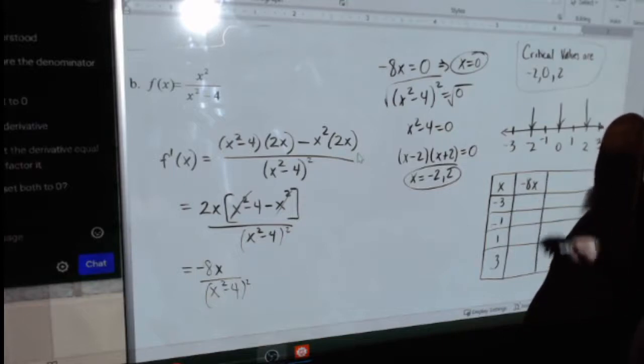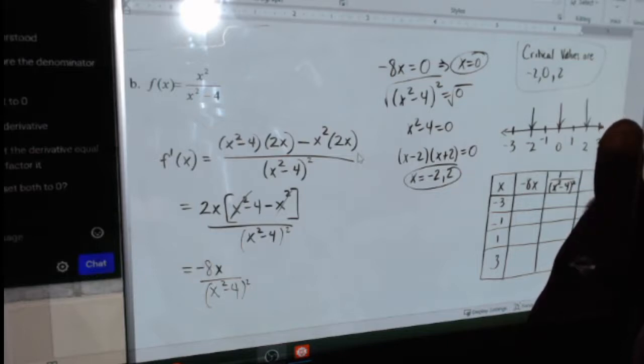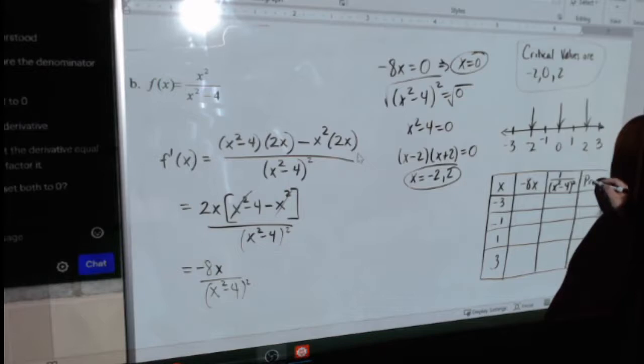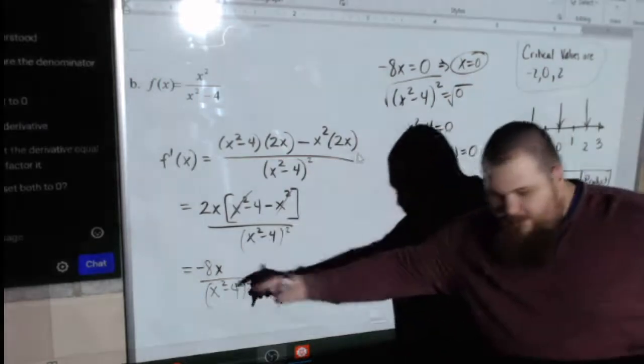The other piece is going to be 1 over x squared minus 4 squared. And I write it that way because I still want to write this as the product, the multiplication of the two things. So negative 8x times this gives me back my original derivative.